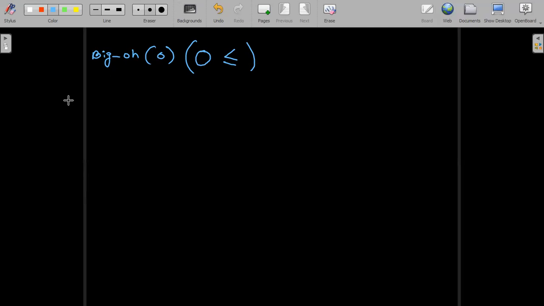Now I am going to take a few things. Please observe here. N cube equal to big O of n square. Again, n cube equal to big O of n.